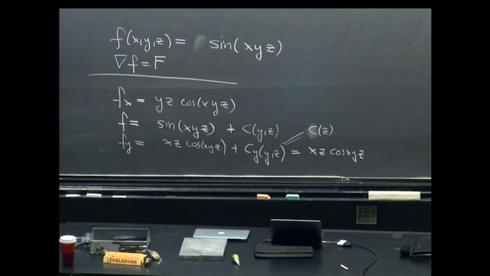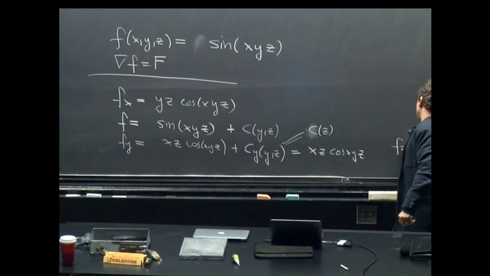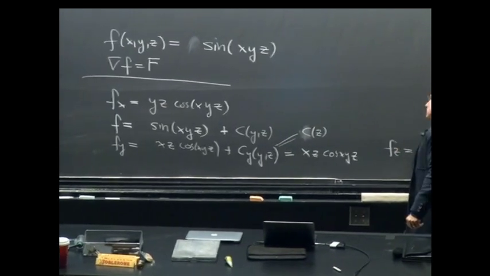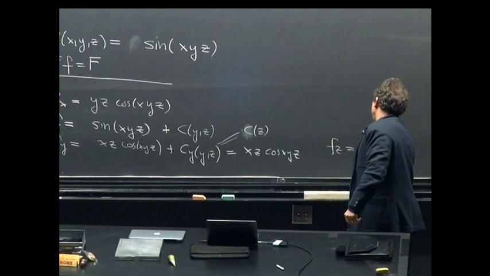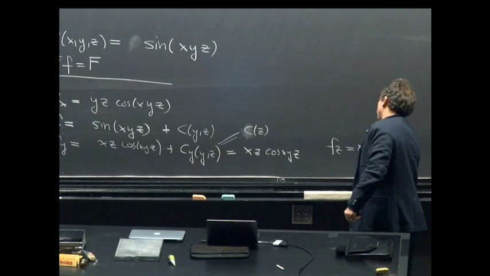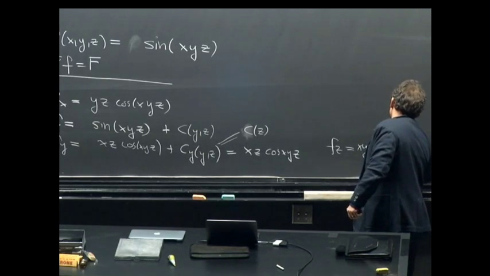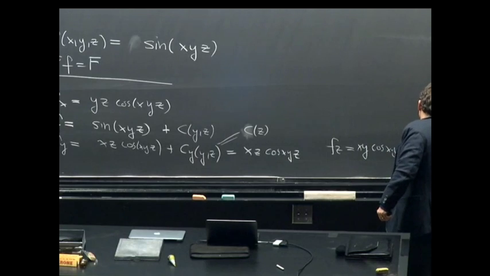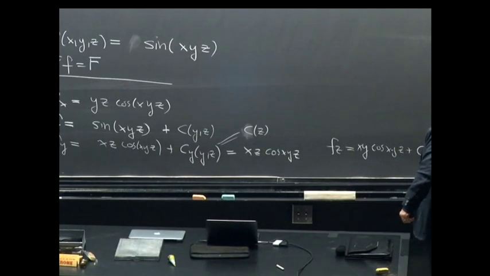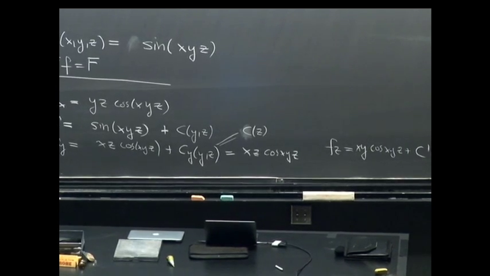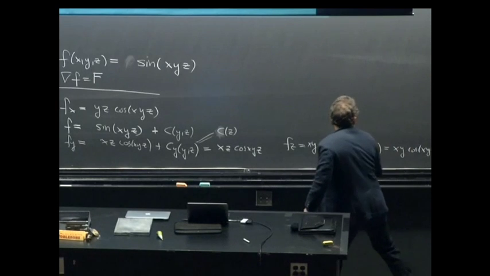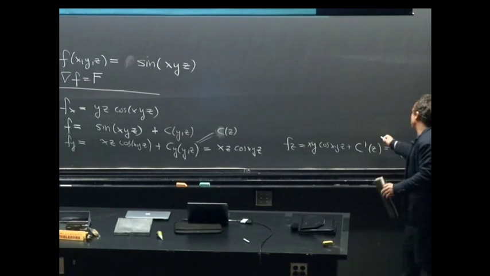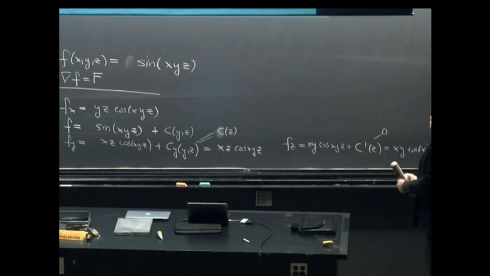And then you take the derivative with respect to z, and then you check that f_z is equal to xy cosine xyz plus c prime of z, and that's xy cosine xyz. And then you see that c prime is equal to 0, so this is just a constant.